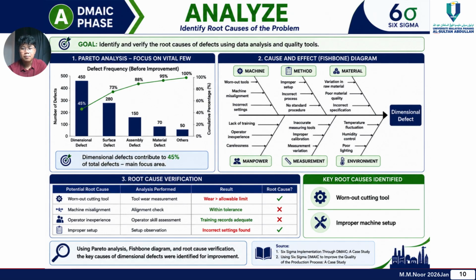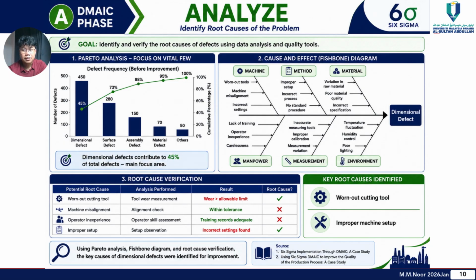So this chart helps us to identify which defects contribute the most to the problem. Based on the graph, dimensional defects record the highest number of defects, which is 150 cases, contributing around 45% of the total defects.